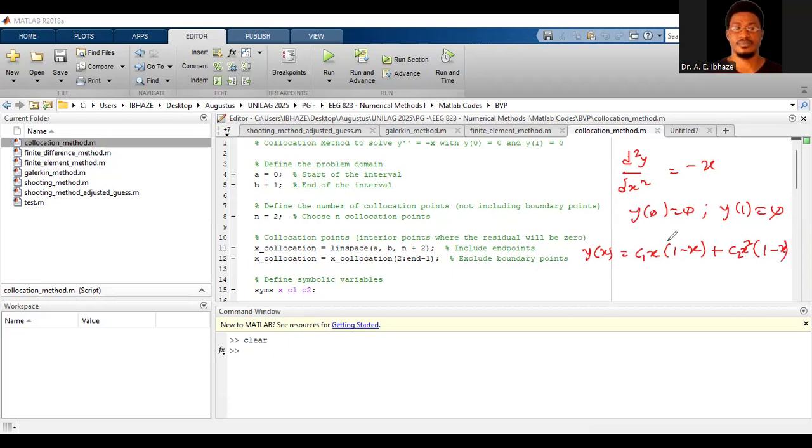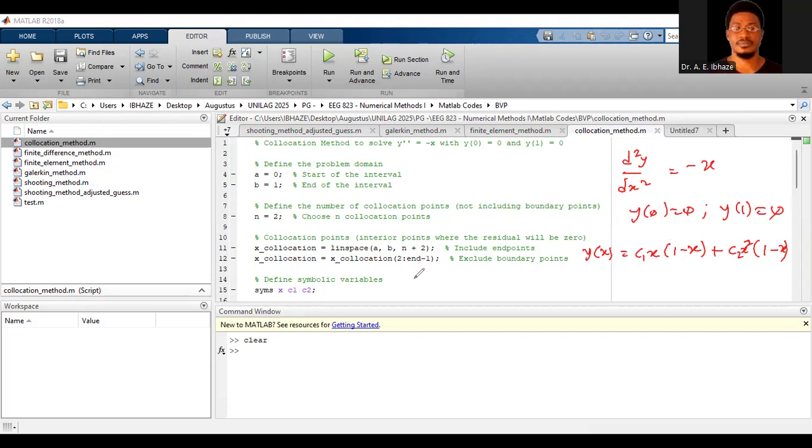Now, having done this, we can move on to apply the boundary conditions.